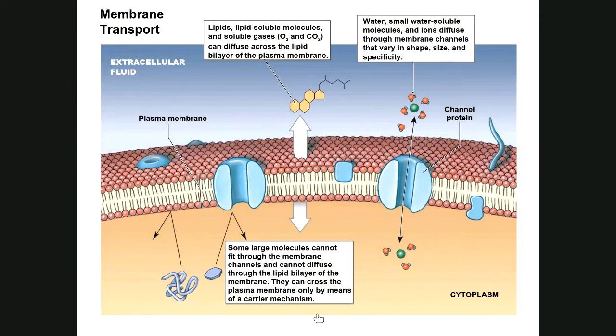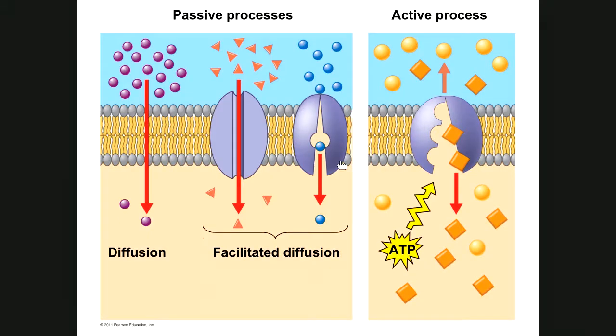I said membrane transport can be a passive process or an active process. The key difference between them, first and foremost: passive processes of membrane transport do not require energy in the form of ATP to transport substances across the cell membrane.